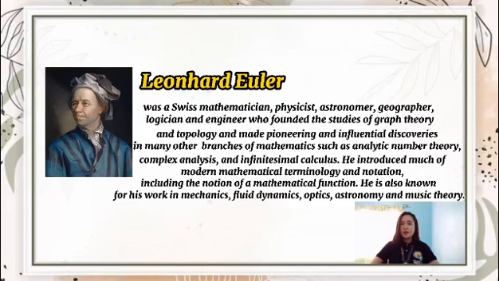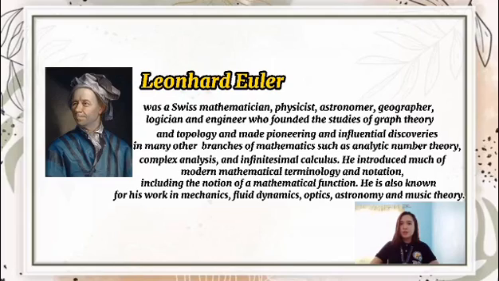Leonard Euler was a Swiss mathematician, physicist, astronomer, geographer, logician, and engineer, who founded the studies of graph theory and topology, and made pioneering and influential discoveries in many other branches of mathematics, such as analytic number theory, complex analysis, and infinitesimal calculus.